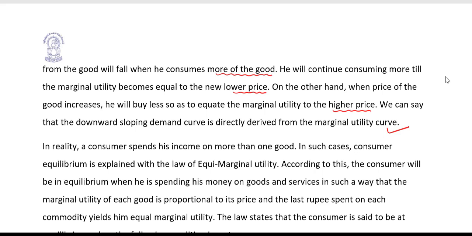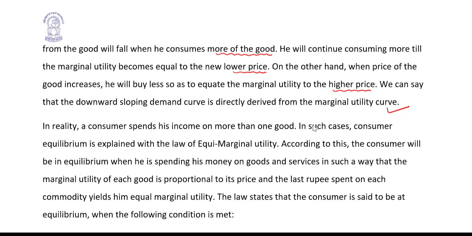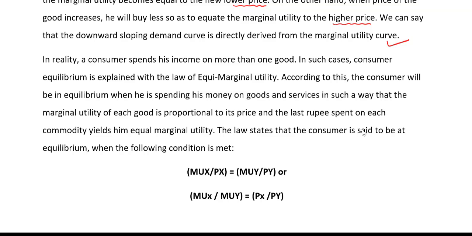In reality, a consumer spends his income on more than one good. So in such a case, consumer equilibrium is explained with the law of equimarginal utility. According to this law, the consumer will be in equilibrium when he spends his money on goods and services in such a way that the marginal utility on each good is proportional to its price, and the last rupee spent on each commodity yields him equal marginal utility.